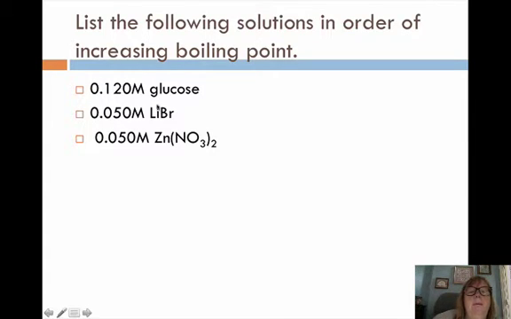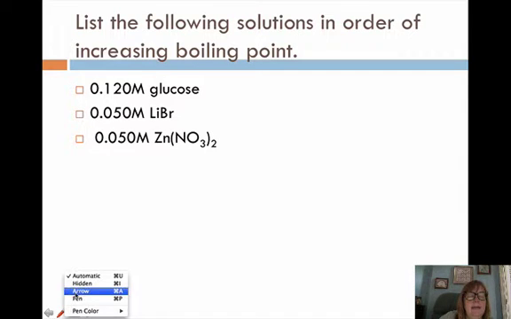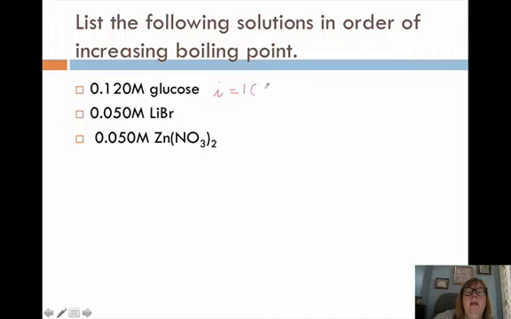Increasing boiling point. Okay, here we go. Glucose is a molecular solid, so i is 1, and the concentration is 0.12. Next, i is 2, and 2 times 0.05 is equal to 0.1.